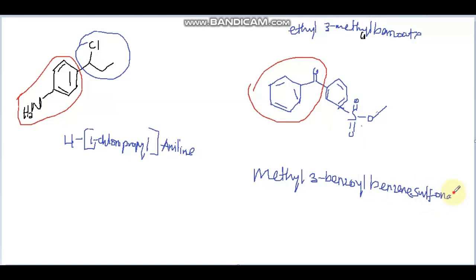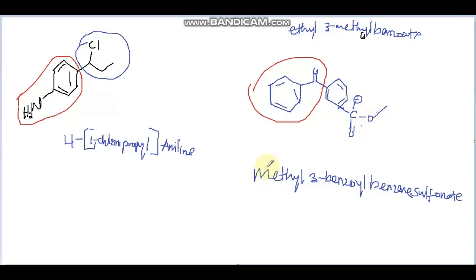Now if this group is not a sulfonate, but let's say we have a carbonate replacing this, so say here the S is a carbon, with one bond here, another bond with oxygen, carbon with 3 bonds, and that bond with a carboxy. Then it becomes methyl 3-benzoylbenzene carbonate.